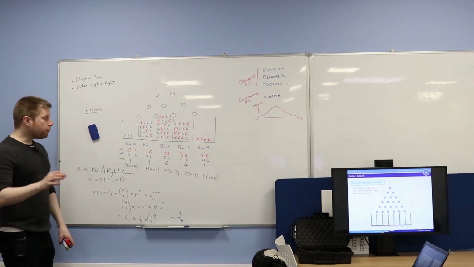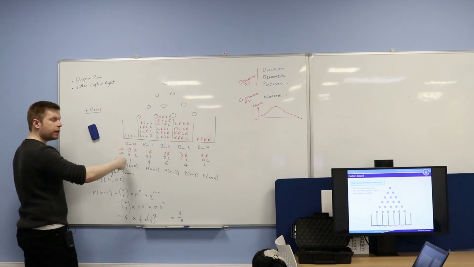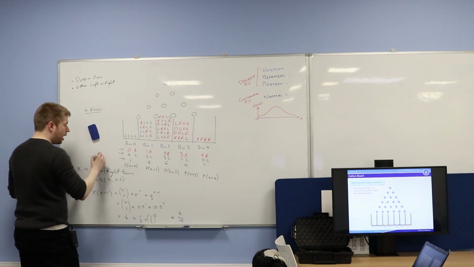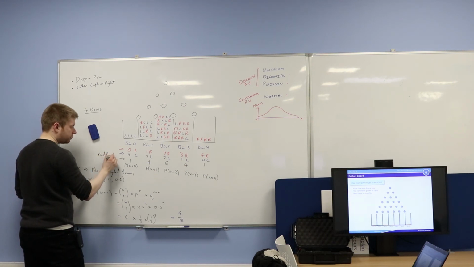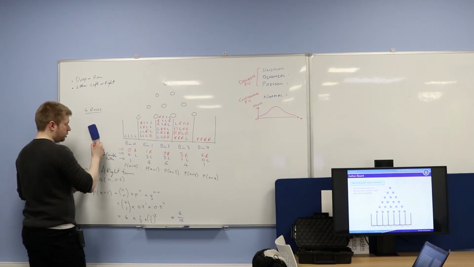But more importantly, have a look at this. This feels very binomial. This thing down here is simply the number of possible paths. This thing here is the number of successes.